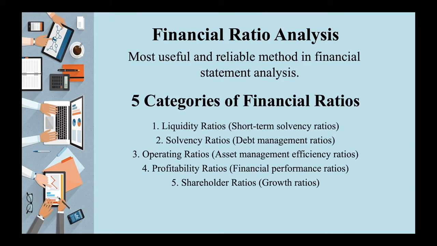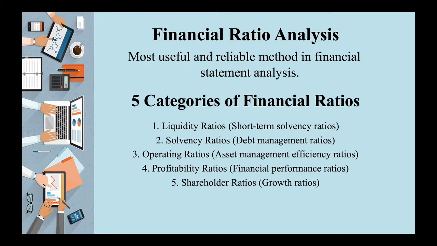Okay. We have these 5 categories of financial ratios. For the first one, we have the so-called liquidity ratios or the short-term solvency ratios. Second, we have this solvency ratio or the debt management ratios. Lahat ng mga other terminologies sa kanila, other calling sa kanila, ay may kinalaman.